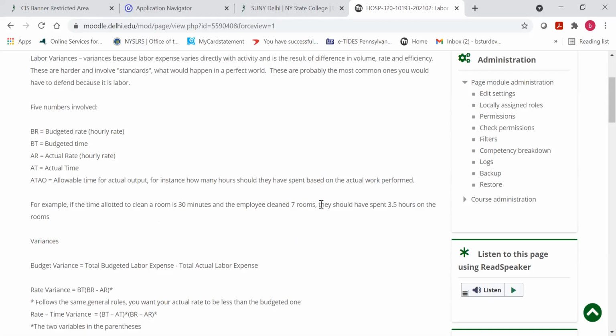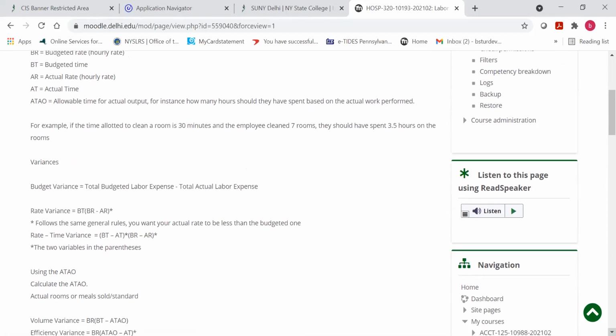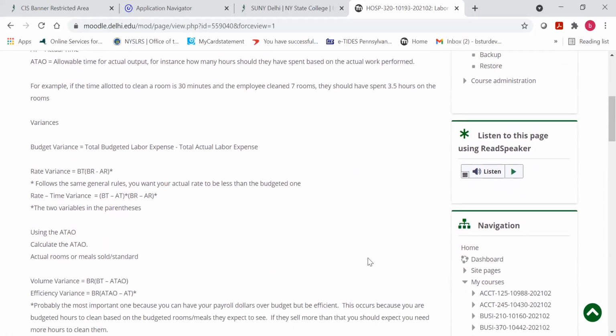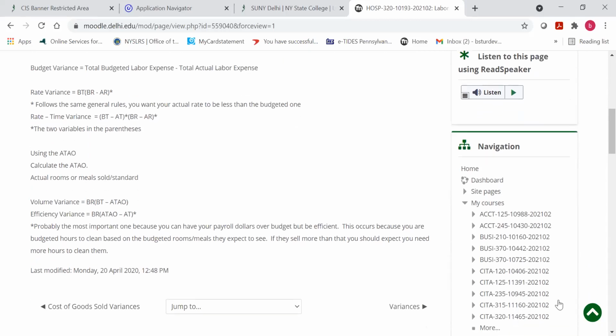It's going to say, if it took you 4 hours and it should have taken you 3.5, you weren't efficient. And so these variances, in my eyes, are the ones that either save you because you've gone over budget, or they point out you're not efficient. So these are the variances that you have with labor.